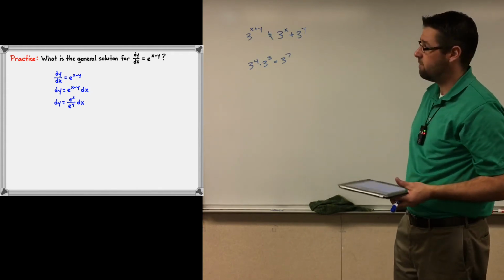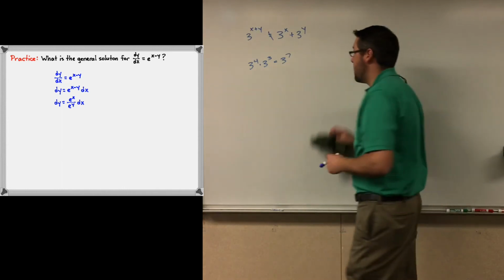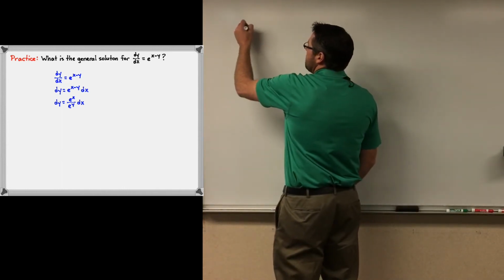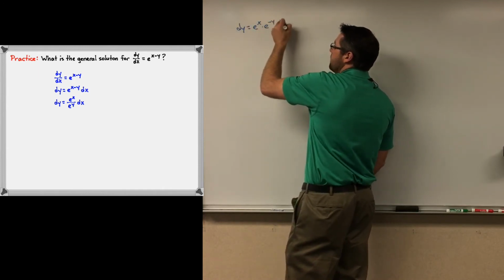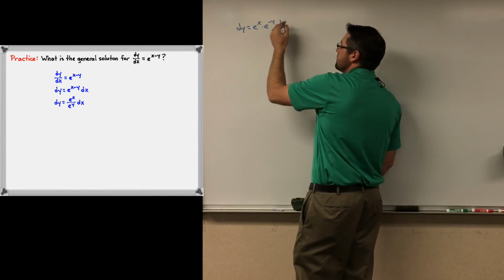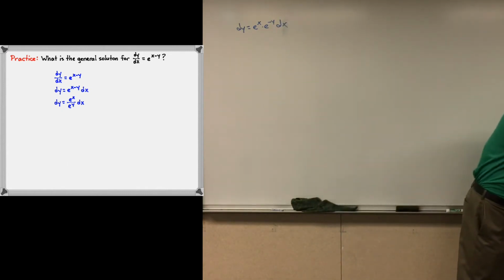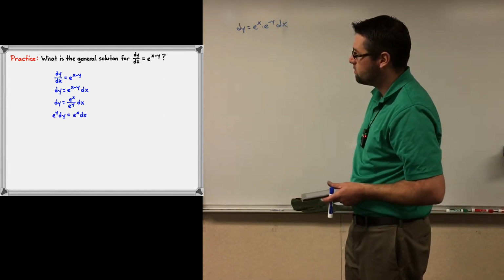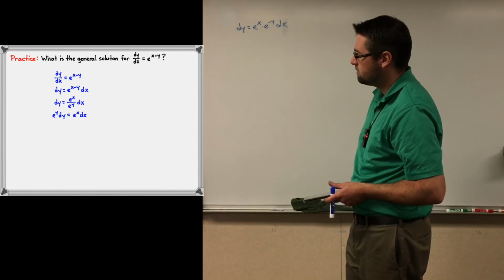Or e to the negative y? But because it's a negative y, I just moved it down. It doesn't matter. Let me rewrite it here so you can see it. dy equals e to the x times e to the negative y dx. You guys okay with that? Okay. Now, what do? Multiply by e to the y. So you got e to the y dy equals e to the x dx. Now what?